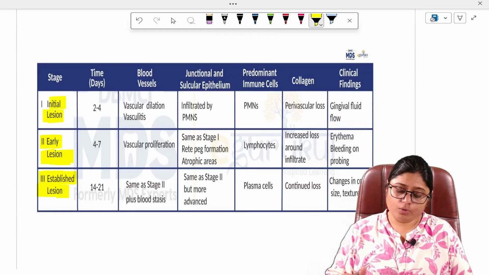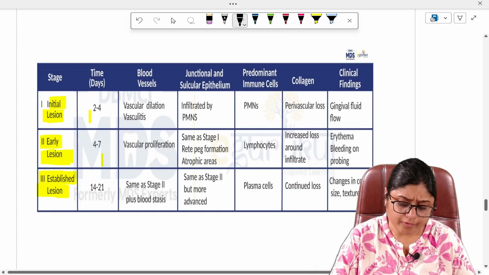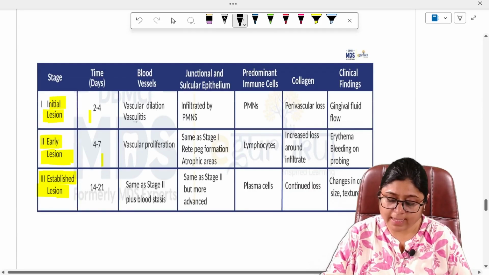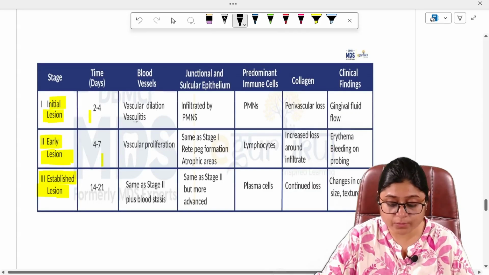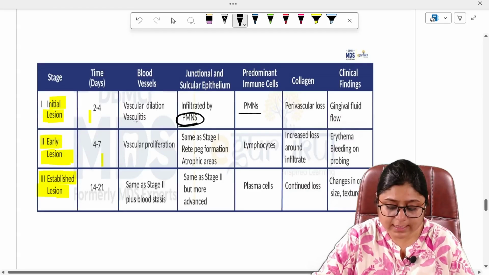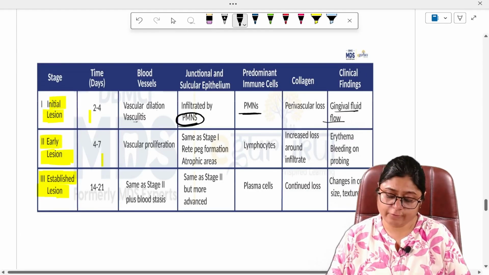Okay. So these were the findings. In 2 to 4 days, he saw initial vascular dilation, vasculitis. The cells which dominated in the first 2 to 4 days were polymorphonuclear neutrophils, leukocytes. And there was an increase in the GCF flow.